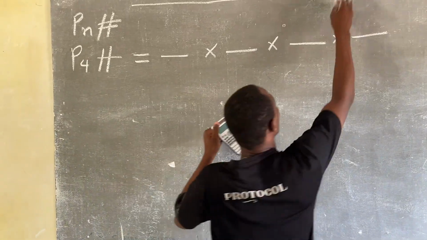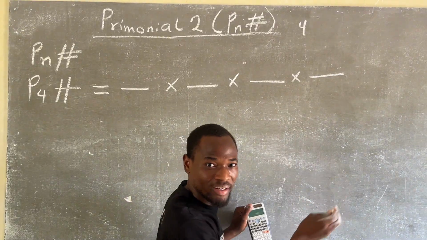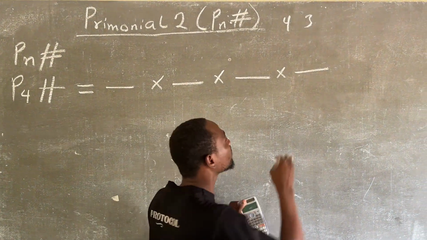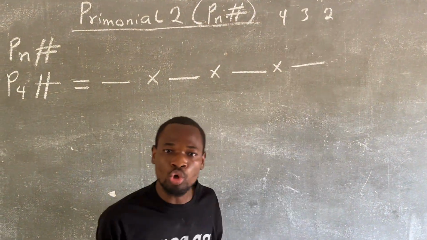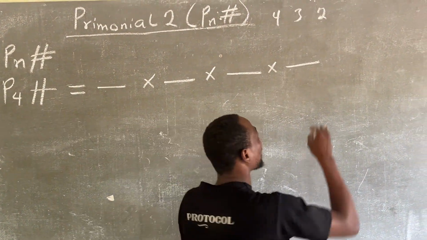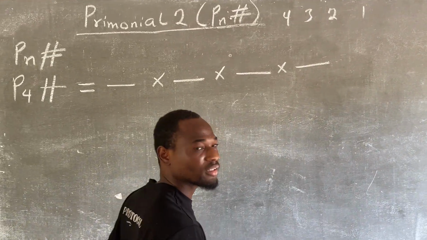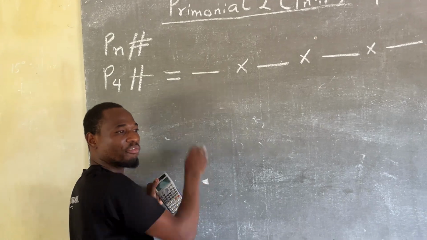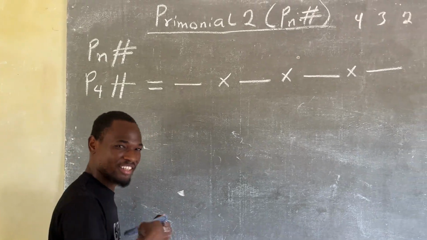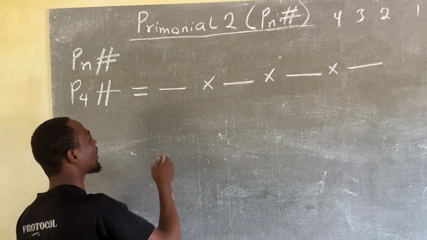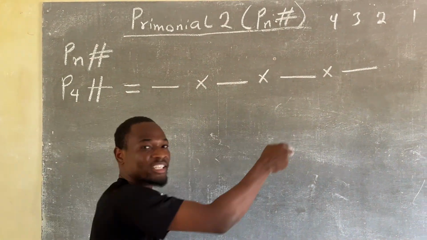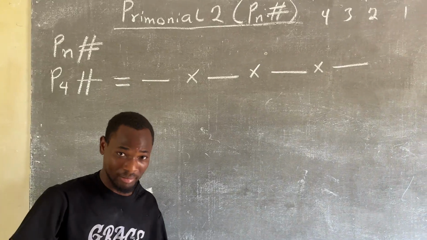So if I have 4 here, 4 minus 1 is 3. 3 minus 1 is 2. Then 2 minus 1 is also 1. So class, I don't want to start with the number 4 because 4 is an even number. So that means I'll start with the next prime number, which is 3.